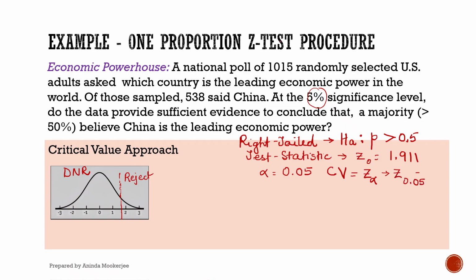Now you can look up the z table, and you should find a value of 1.645. That is the critical value, the cutoff between the reject and the do not reject region. So maybe it should be a little bit to the left. Let me just move it a little bit to the left, to be a little more accurate.